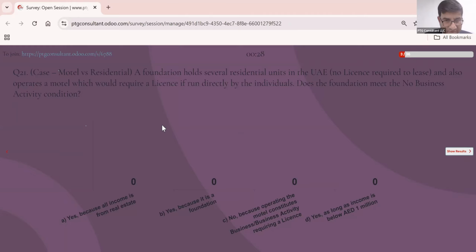If somebody would like to have more clarification, I would like to highlight, although we already explained over there, an FTA real estate webinar will be there to understand this part, the real estate without trade license and with trade license. The same concept is tested over here.